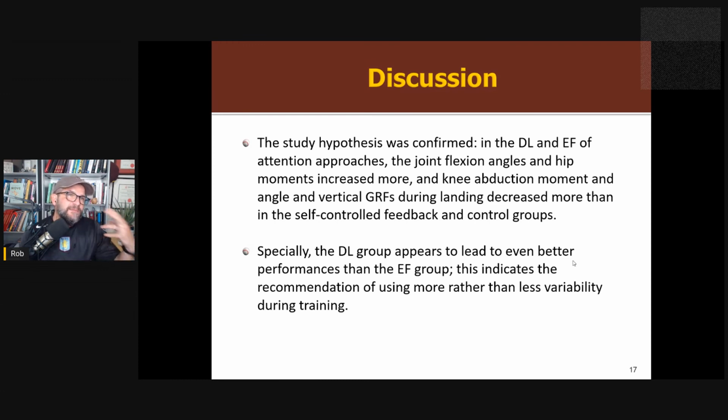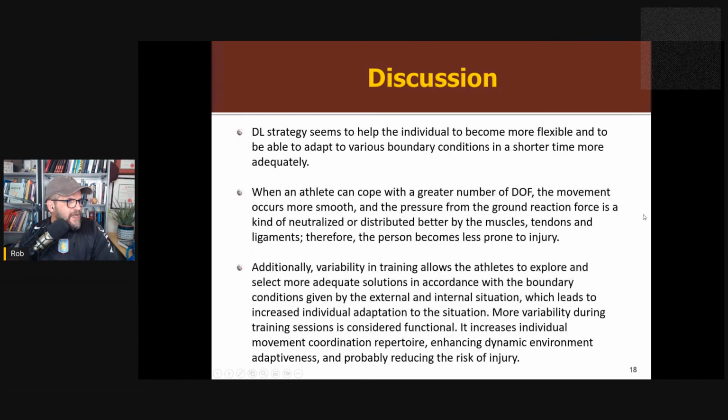This is similar to what was found in the Orangi et al. study I talked about at the start, right? They did soccer training with prescriptive differential learning and a constraints-led approach, for example, small-sided games. What they found was differential learning and constraints both reduced the markers, with the constraints having the higher effect than differential learning. Okay, so some slight differences.